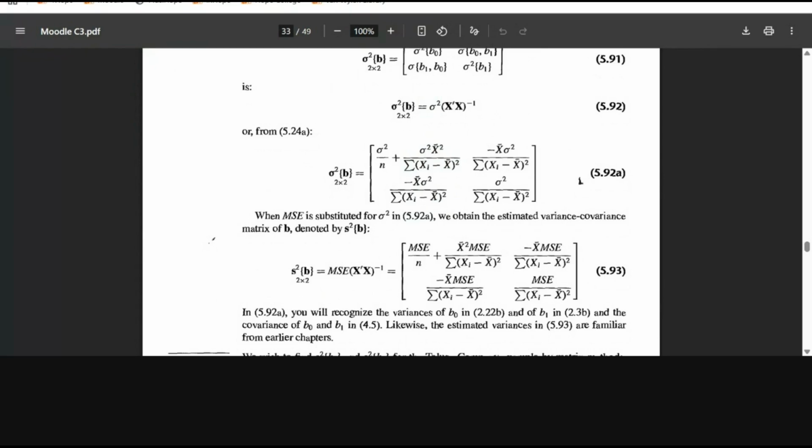With this specific choice, A prime is 1 x0, like that. First, I hope you realize A prime beta is going to be a scalar, because you have a 1 by 2 multiplied by a 2 by 1. What do you get?